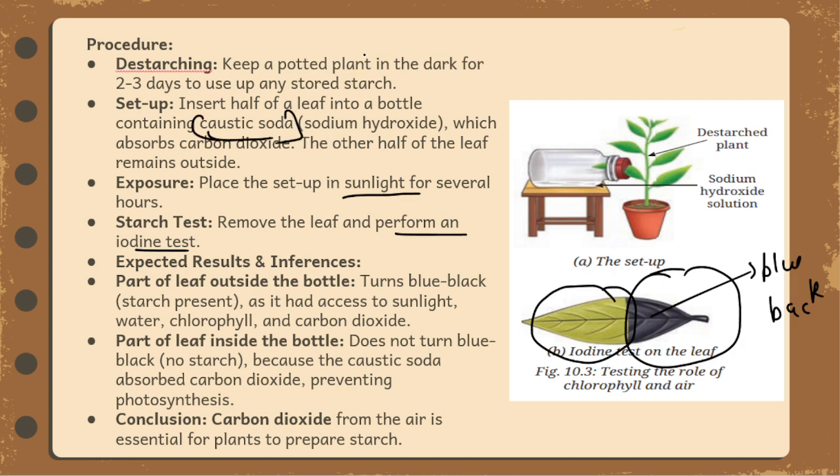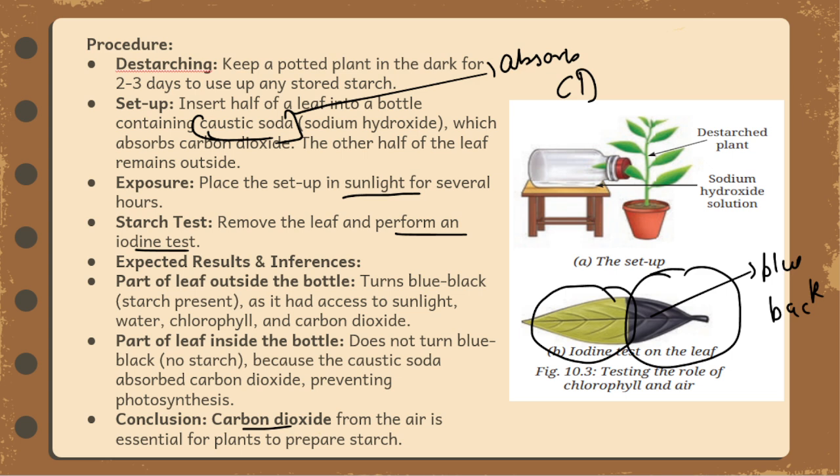Why caustic soda? Because caustic soda has the ability to absorb carbon dioxide, and if there is no carbon dioxide here, then the photosynthesis process will not occur. So everything is present here, even the sunlight was present, even the water was present, but still carbon dioxide was not present, so starch is not formed inside the bottle. So what we have concluded here is that carbon dioxide is necessary for photosynthesis.